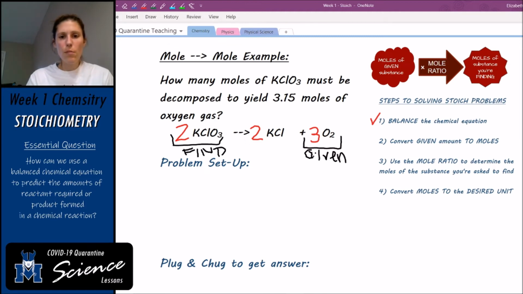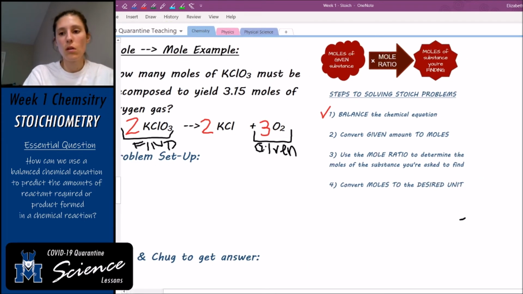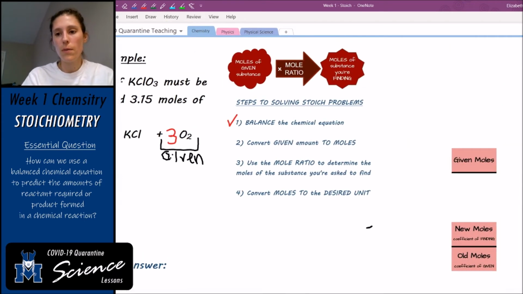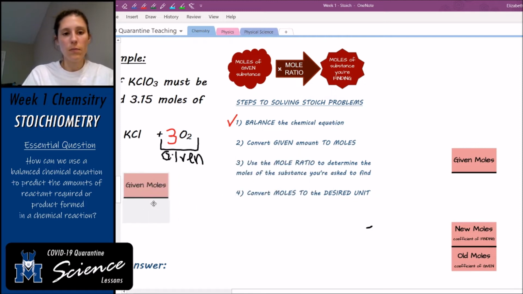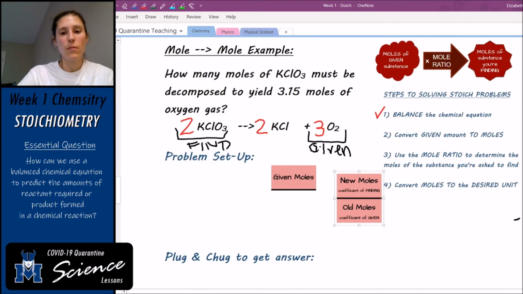So before I move on to step 2, also I like to kind of just set up the problem. Here's where, if you have those cards that we made, those will come in handy. So let me pull those over. You're given moles in this problem, and then we had a card that says new moles over old moles.